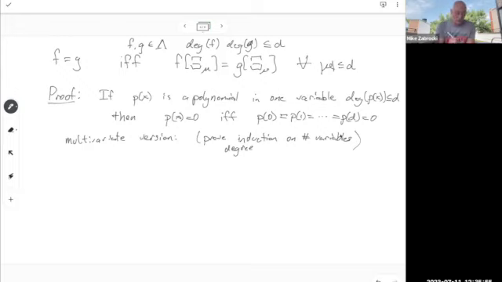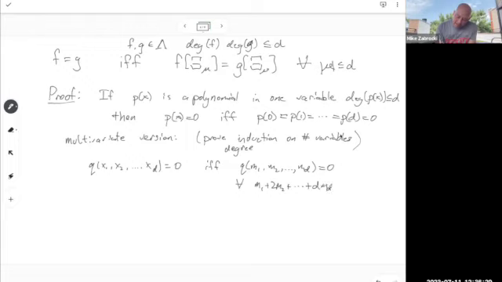The multivariate version is that Q(x1, x2, ..., xd) is equal to 0 if and only if Q(m1, m2, ..., md) is equal to 0 for all m1 + 2m2 + ... + d·md less than or equal to D, and all the mi are greater than or equal to 0.